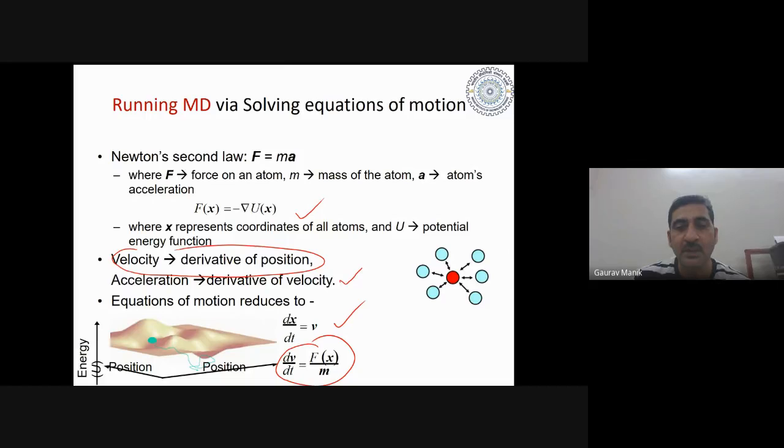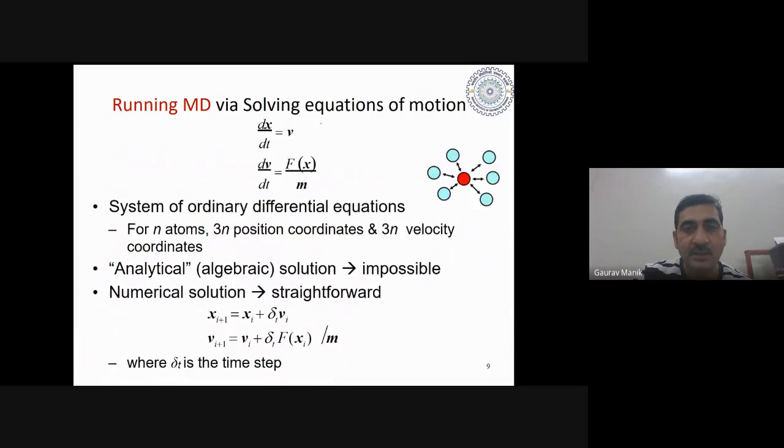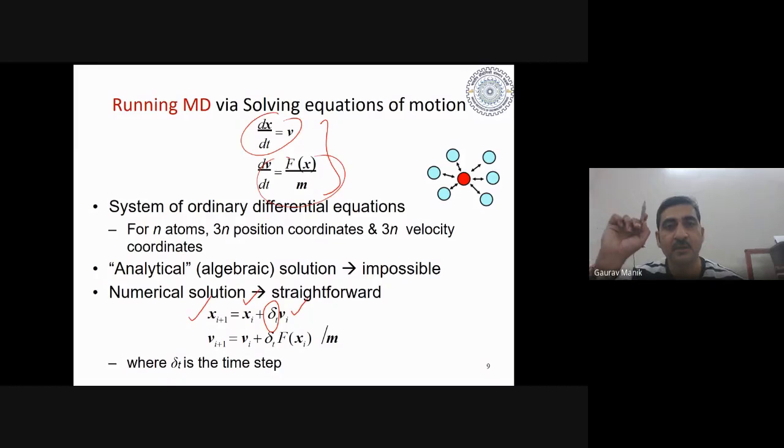So using these equations, if we integrate them, what we get is x(i+1), which is the position of the particle at iteration i plus 1, governed by x(i) plus delta t, where delta t refers to the time step, times v(i), the velocity of the particle i.